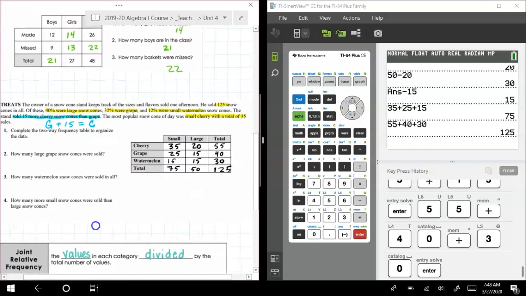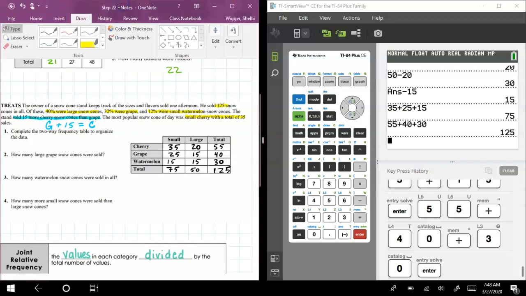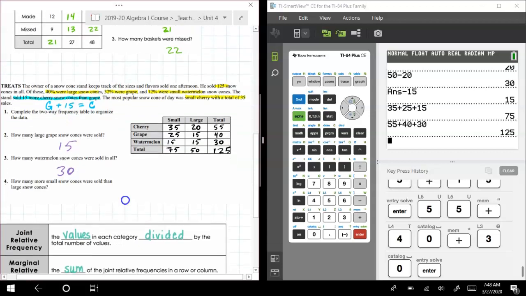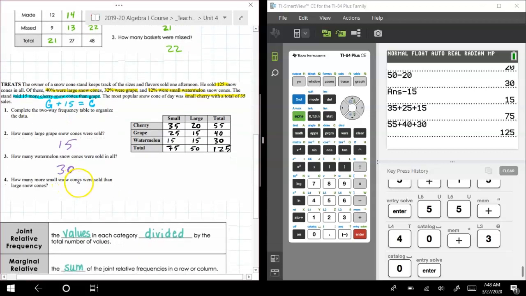So how many large grape snow cones were sold? Large grape, there were 15. How many watermelon snow cones were sold in all? How many more small snow cones were sold than large?